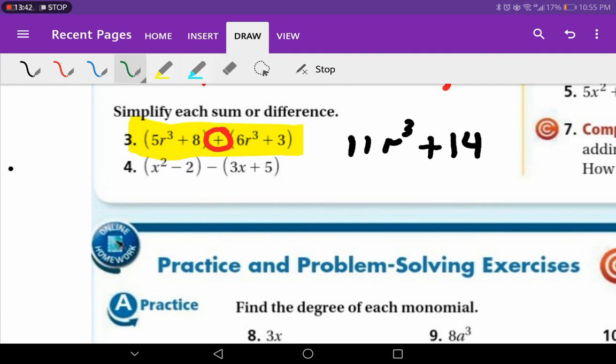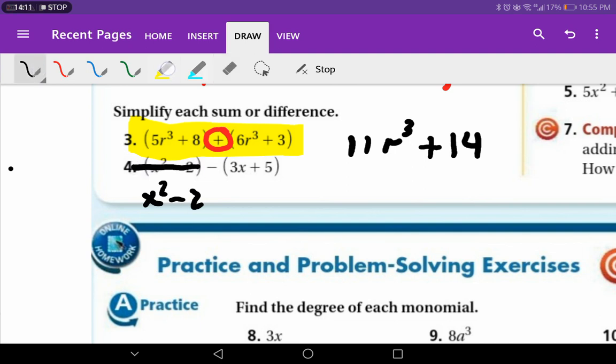If I have a negative here in the middle, I will write the first quantity without doing anything: x squared negative 2, okay? Why? Because it has nothing in front of it. Okay, we finish this actually.